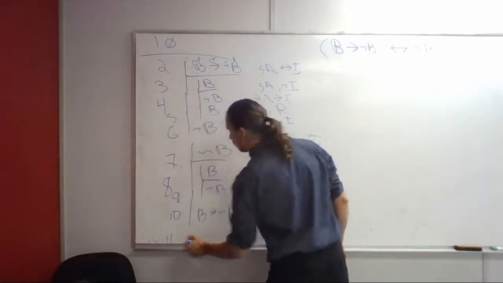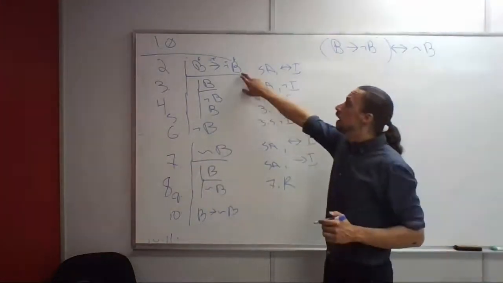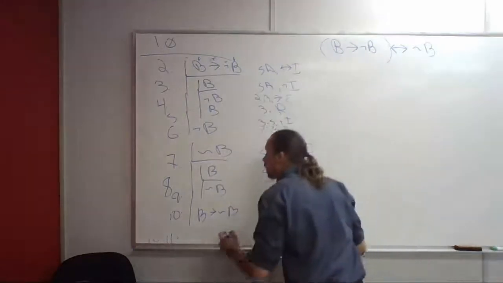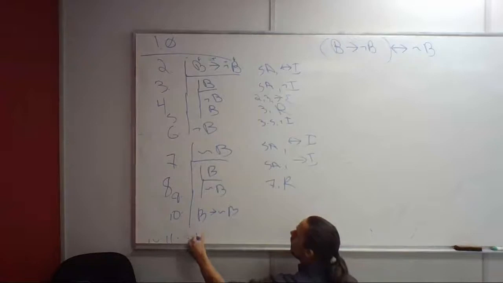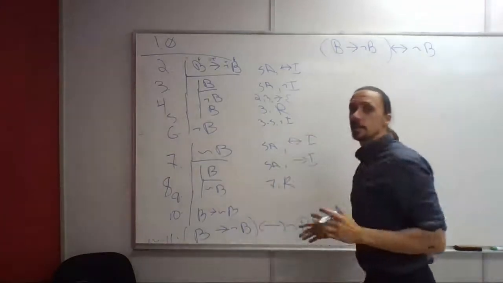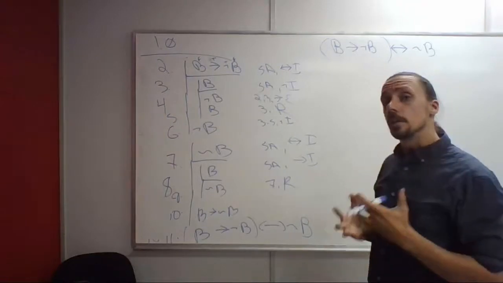And on line 11, all the way down here, I'm going to be able to affirm my biconditional because I've shown that from this I can get that, from that I can get this. That's just sheer biconditional introduction. Easy peasy lemon squeezy. Then I can get if B, then not B, if and only if not the case that B. So that was a nice case of a derivation showing us a kind of weird-looking tautology.